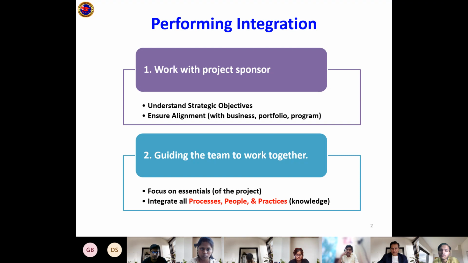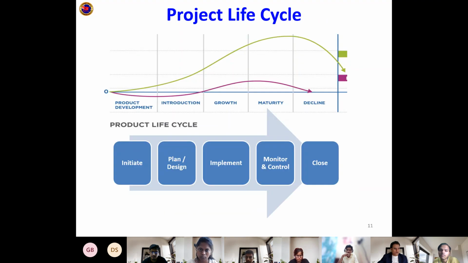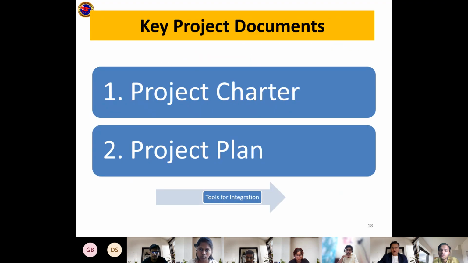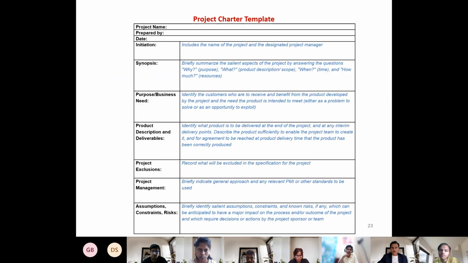So what are the strategic objectives and what is the alignment with the business? That is in this template called the purpose and the business need. So what will you write here?